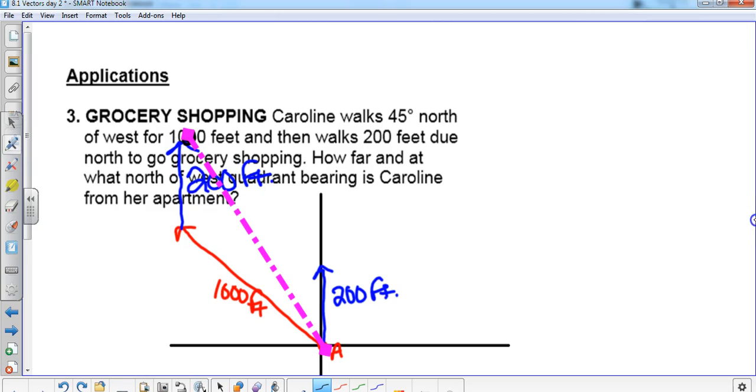Let's talk about the components. What are the components we're going to use for this guy, the red one? Okay, if you are used to doing it in physics, 1,000 cosine 45, 1,000 sine 45, you can do that. You're going to have to remember, though, that it's acting to the left, right? So you're going to have to subtract later or whatever you're going to do.